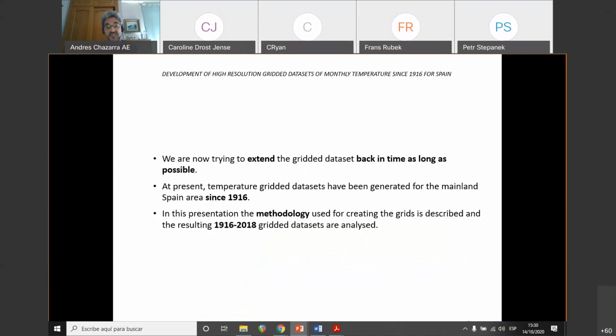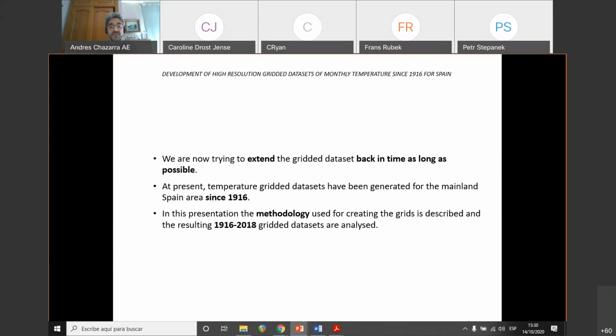One of the advantages of using grids for reference series is that it's easier to go back in time, because we don't have the problem of the missing values, the gaps in the series. And now we are trying to extend this reference series back in time as long as possible.